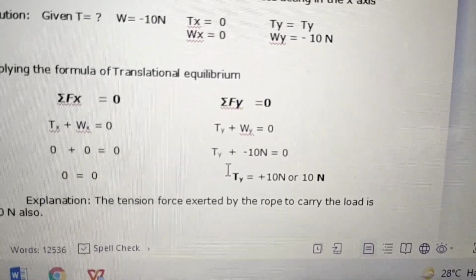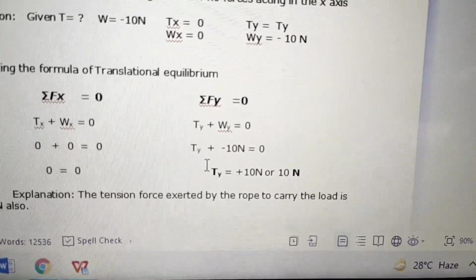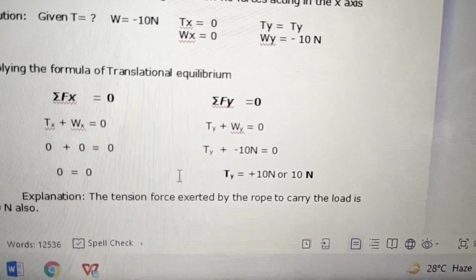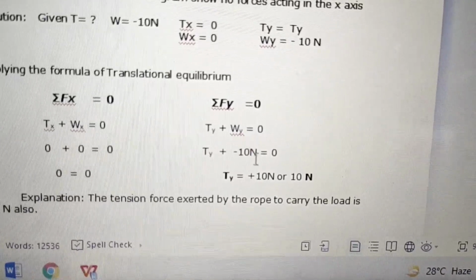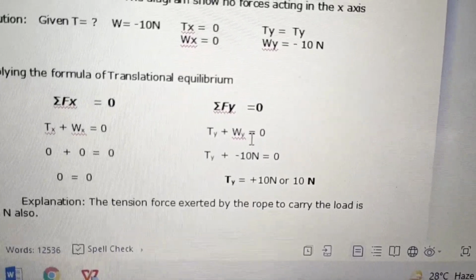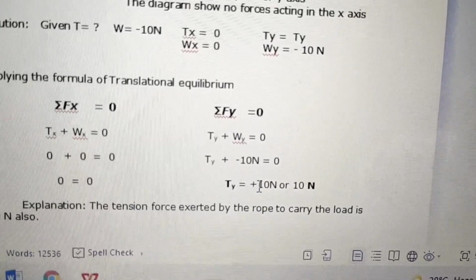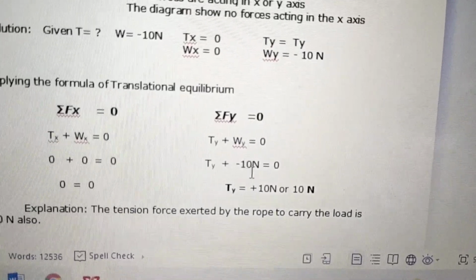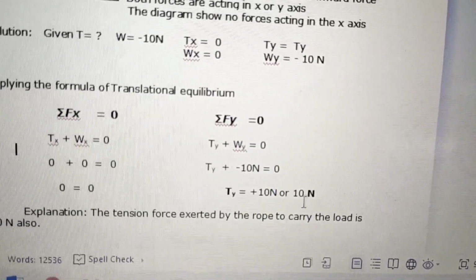In order to solve for Ty or the tension force applied in the load, what we do is to transfer negative 10 newtons to the other side. And when we do transfer, it is automatic that we change the negative sign into positive sign. So, positive 10 newtons or 10 newtons.